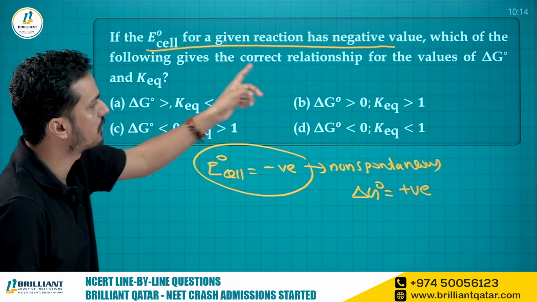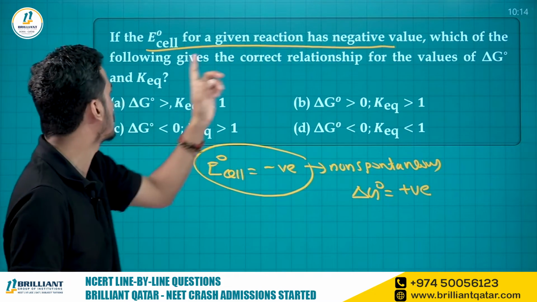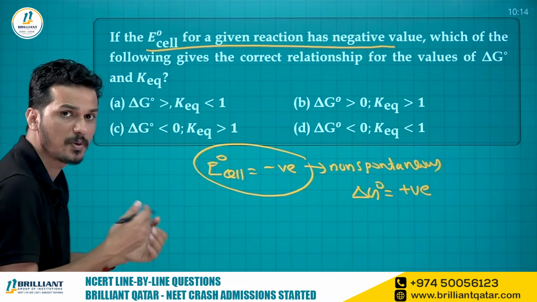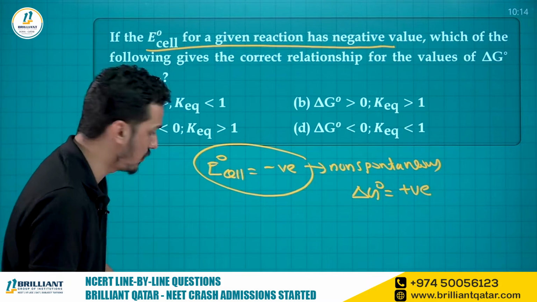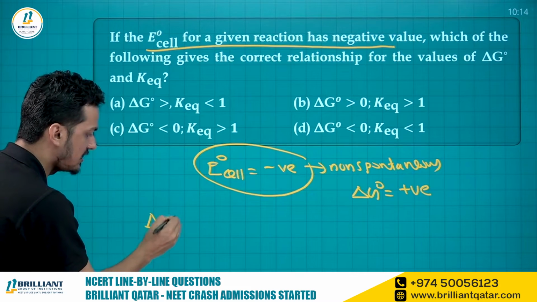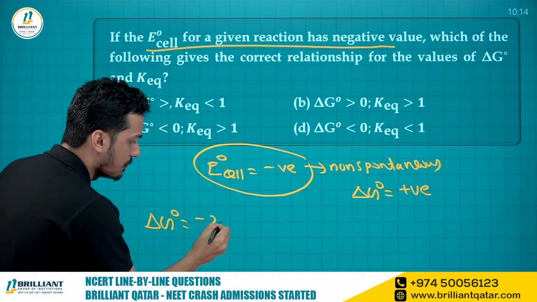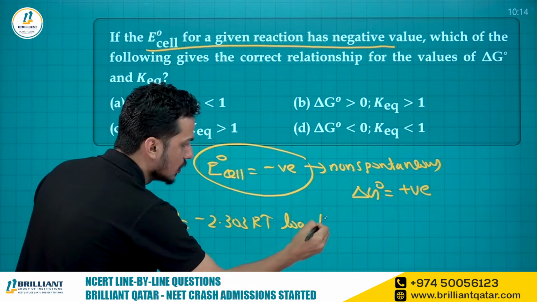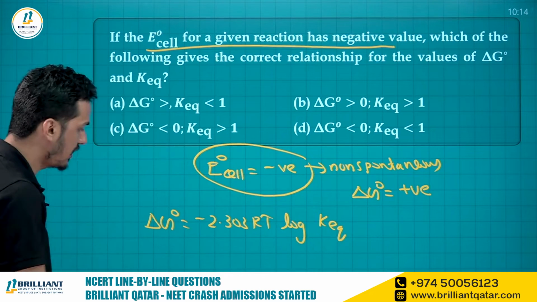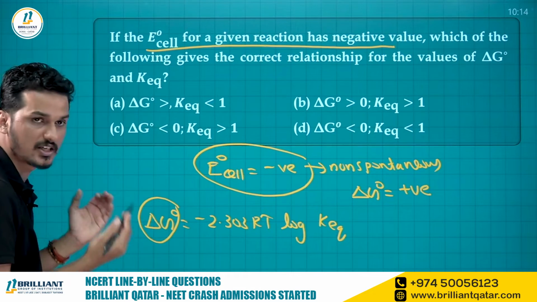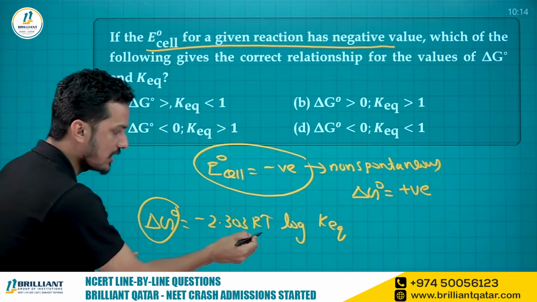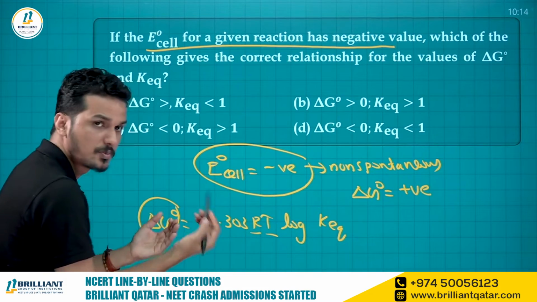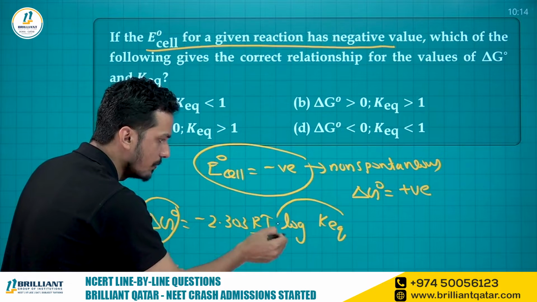Which of the following is correct with respect to the relationship between the value of delta G0 and K equilibrium? What's the relationship between delta G0 and K equilibrium? We know delta G0 equals minus 2.303 RT log K equilibrium. If I need delta G0 to be positive, since R is always positive and T is always positive, this log term should be negative.